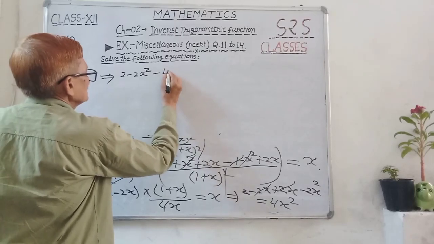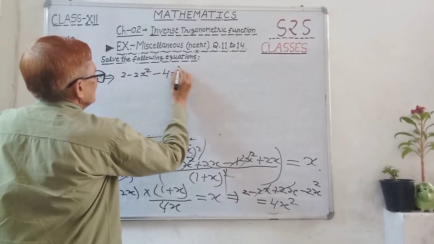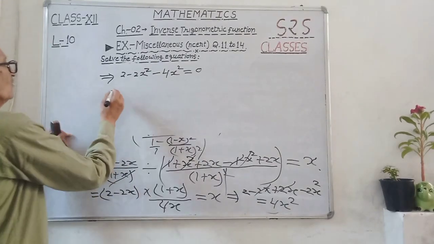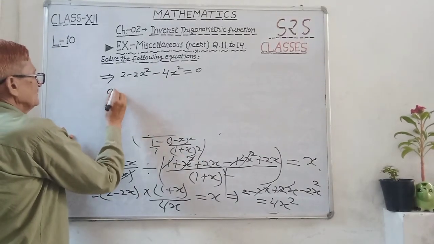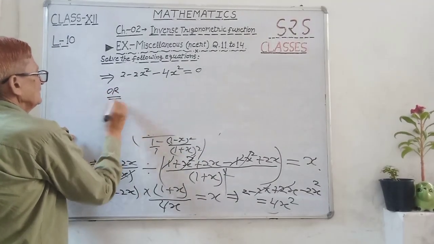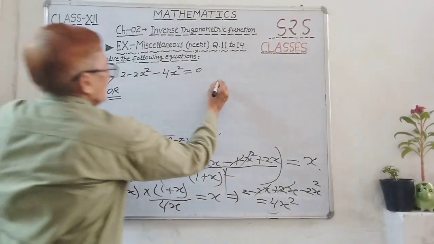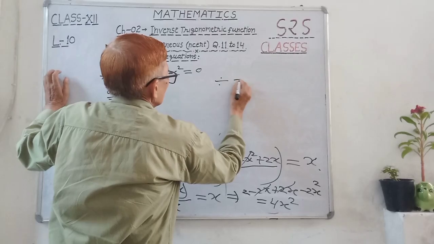So 2 minus 4x square is equal to 0. Okay, take this side. Then or we can write, divide by minus 2. Okay, divide by minus 2, divide by minus 2.